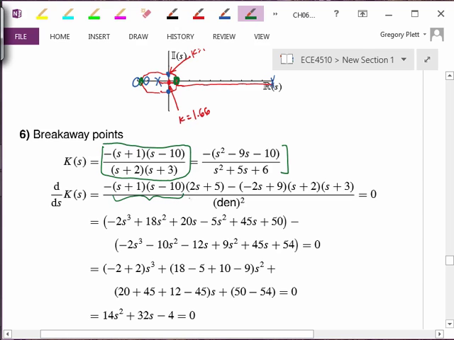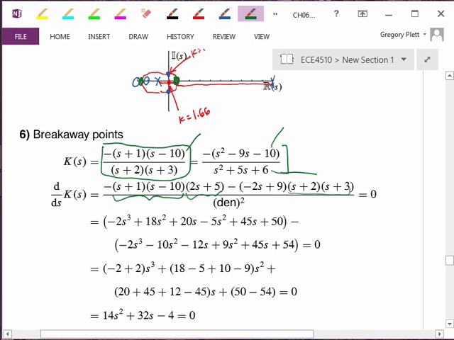So there's the numerator, there's the derivative of the denominator. Notice I used that form for the numerator and that form to get the derivative of the denominator. And then minus the derivative of the numerator, which I used this form, times the denominator, which I used the other form, all divided by denominator squared. And we're going to set that equal to 0.